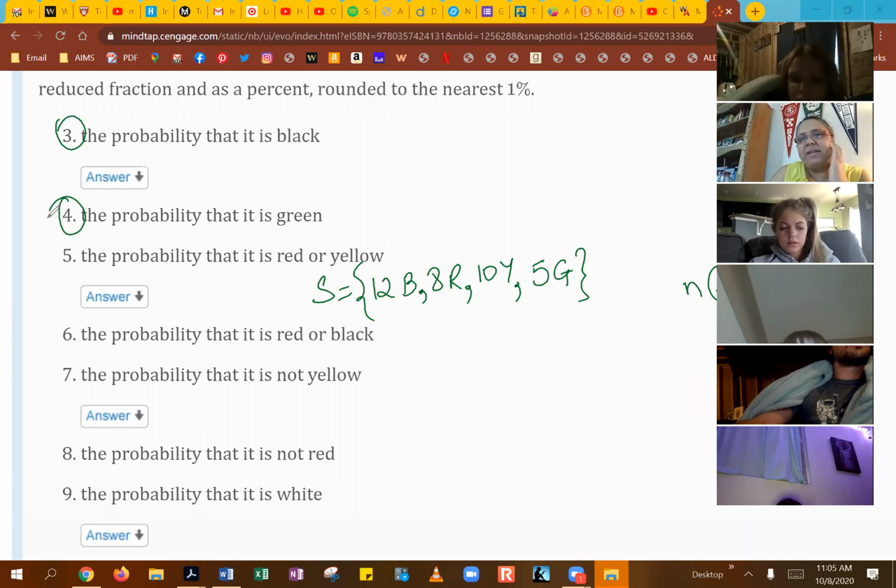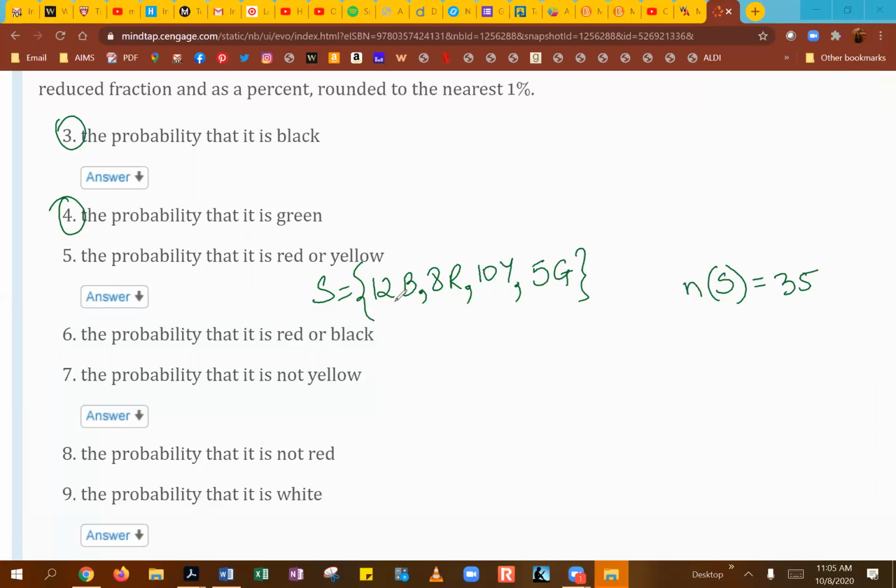What is the probability that we would select a black jelly bean? Burgundy, 12 out of 35. Yeah, because they're telling us you have a total of 12 black jelly beans. So the probability that you would select a black jelly bean means you would be defining your event as the 12 black jelly beans.